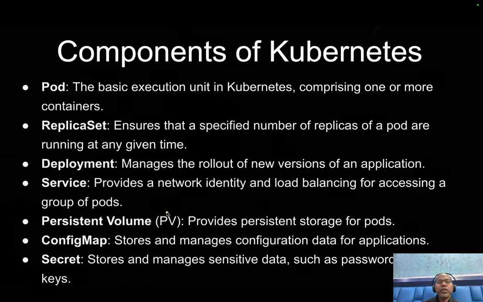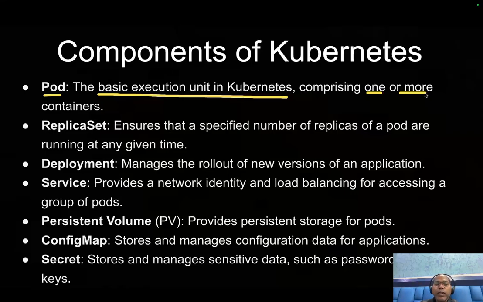Okay. So these are all the basic components, which we should have discussed already. Like a pod is the basic execution unit in Kubernetes that can comprise one or more containers. Containers hold your application with its library dependencies, environment variables, whatever it needs. And a replica set ensures that the specified number of replicas of pods are running at a given time.